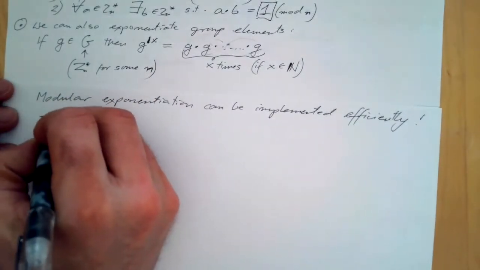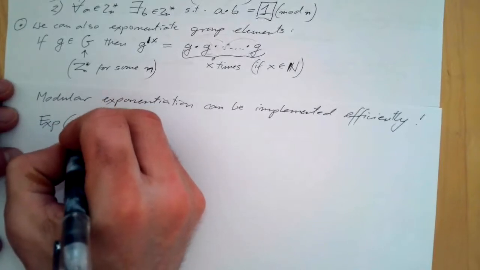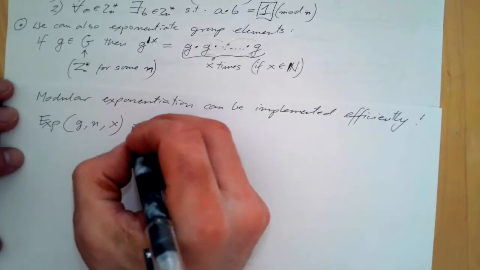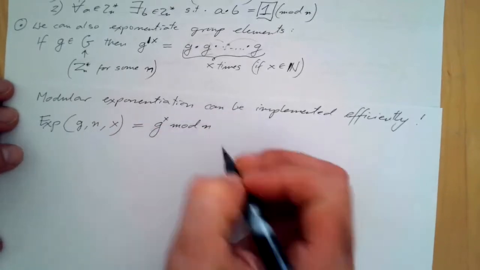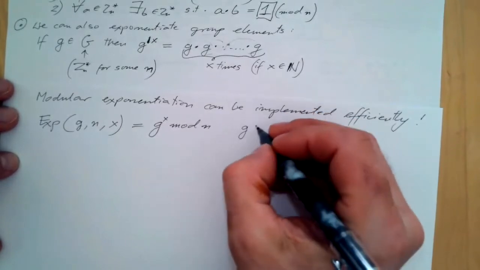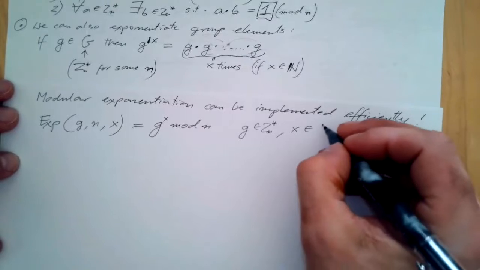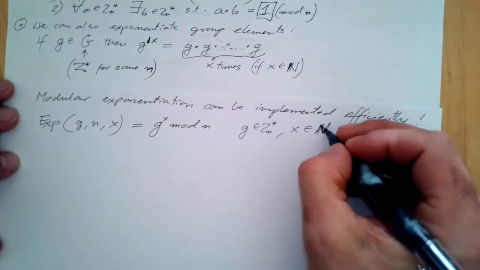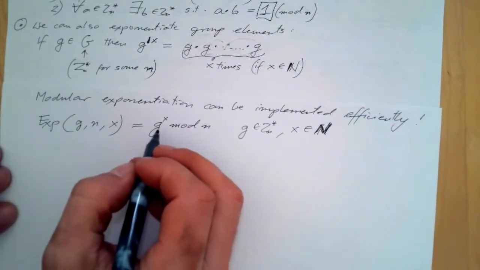An algorithm that takes G, a modulus n, and an X, and outputs G to the X mod n. We assume that G is in Z_n star, and X is a natural number. Okay, that can be 0, but that's kind of trivial. I just output 1, right?